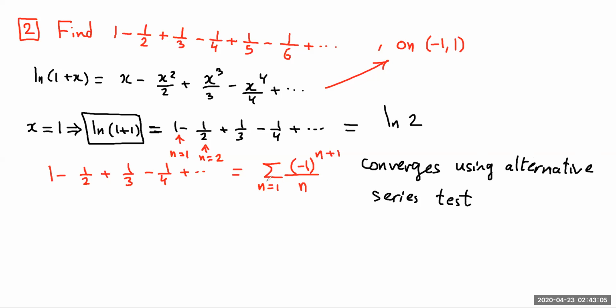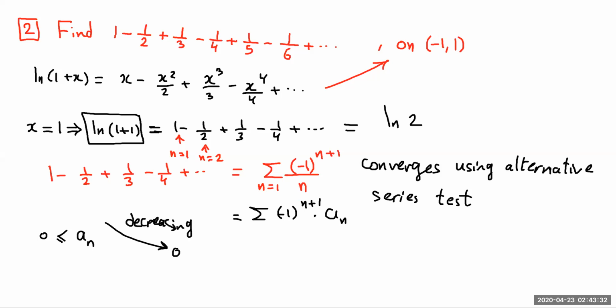Because if I write this as sigma of (-1)^(n+1) times a_n, then a_n satisfies the conditions: a_n is greater than or equal to 0, it is decreasing, and it approaches 0. These are my three conditions, and all of them are satisfied because a_n is 1 over n.